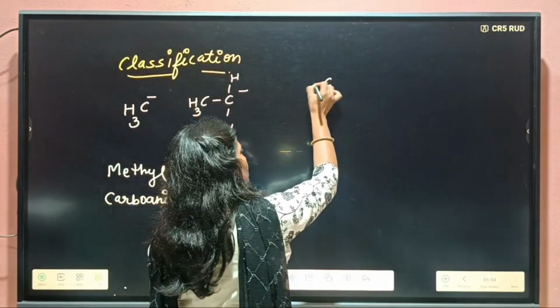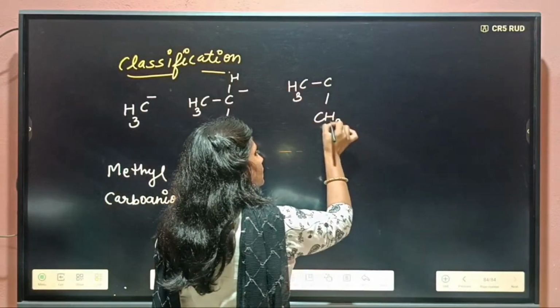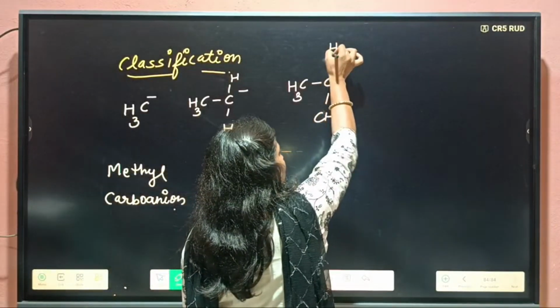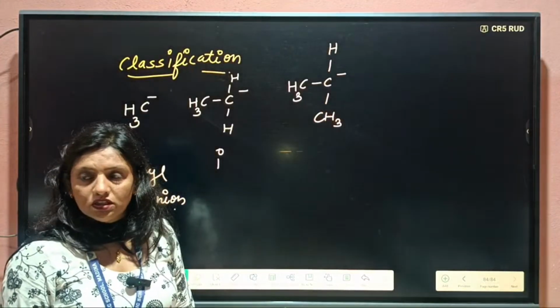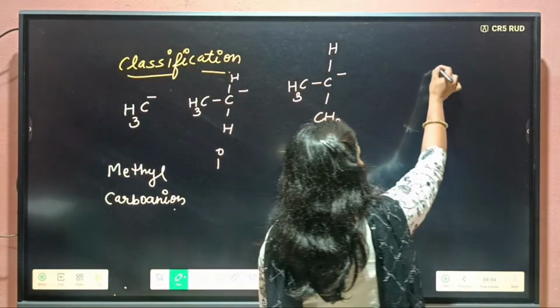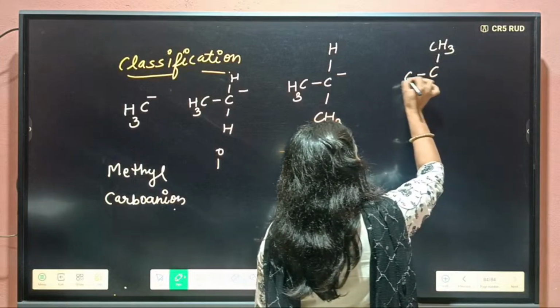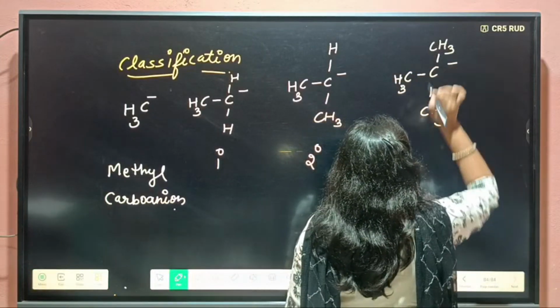Secondary, in which the carbon forms two bonds with other carbons and the third bond with hydrogen, carrying a negative charge on it. Okay, it is secondary. And in tertiary, all three bonds are formed with other carbons, carrying a negative charge.